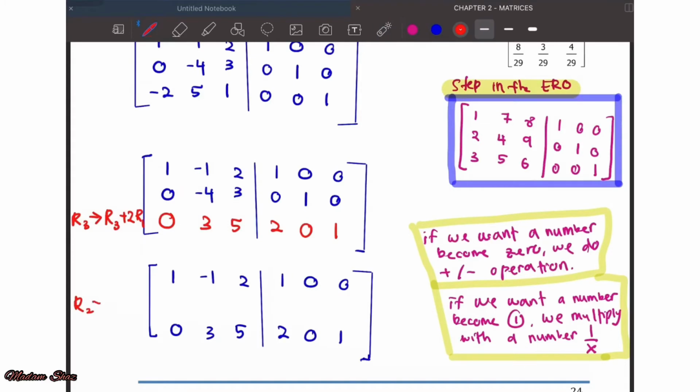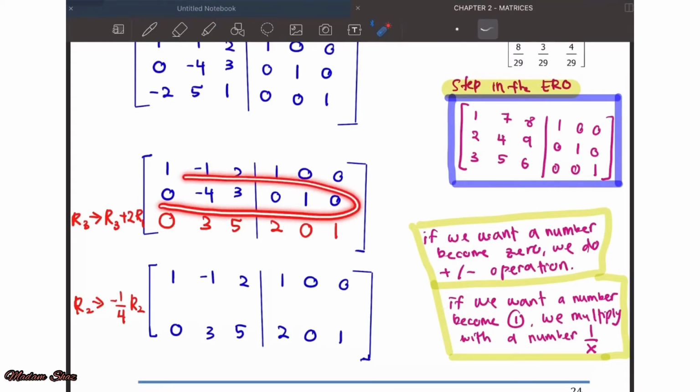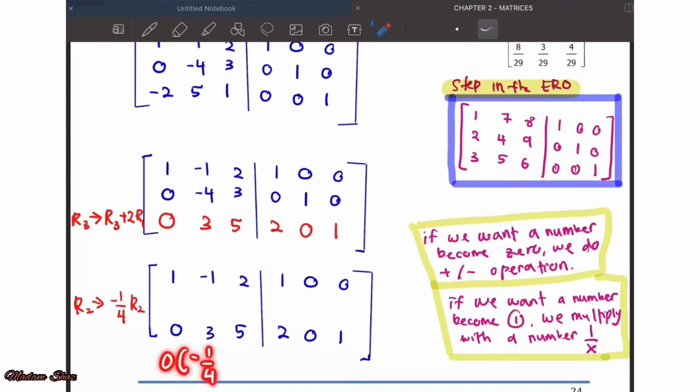So row 2 will be changed by negative 1 over 4 row 2. Every term in row 2 should be multiplied with negative 1 over 4. 0 multiply negative 1 over 4 will become 0.